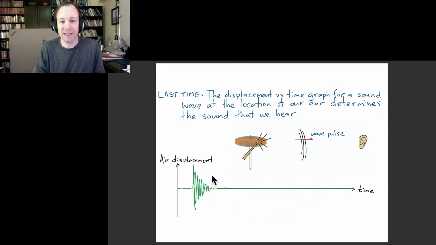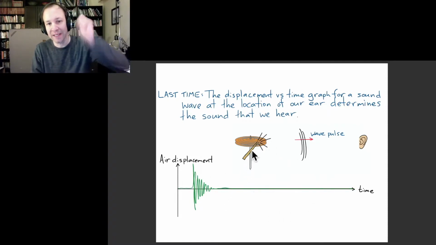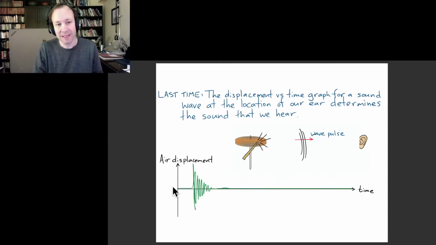So this is an example where we hit a cymbal and the air near the location of our ear would be displaced in this way. It's still, and then it oscillates back and forth a little bit, and then it's still again.